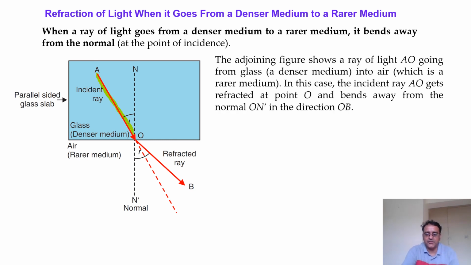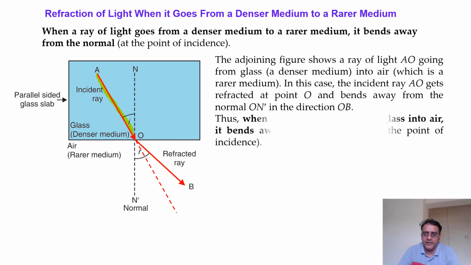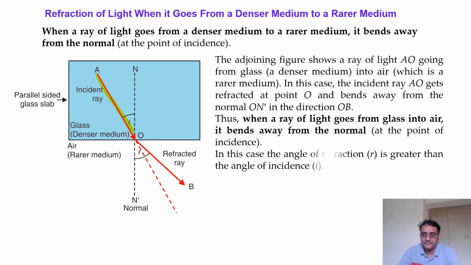The adjoining figure shows a ray of light AO going from glass, that is denser medium, into air, which is a rarer medium. In this case the incident ray AO gets refracted at point O and bends away from the normal, that is ON', in the direction OB. So we conclude that when a ray of light goes from glass into air, it bends away from the normal.